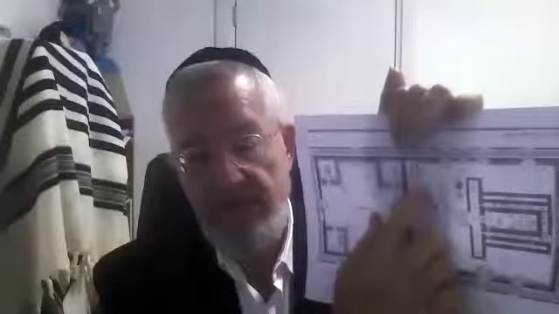This is the place where winner 3 of Lottery 2, who cleaned the Mizbeach Ketores, and winner 4 of Lottery 2, who cleaned the menorah, took their ash, their wicks, and poured it on the Beis Hadeshen. It's in your diagram 3 of Midos. It's on the eastern side of the ramp, Beis Hadeshen.